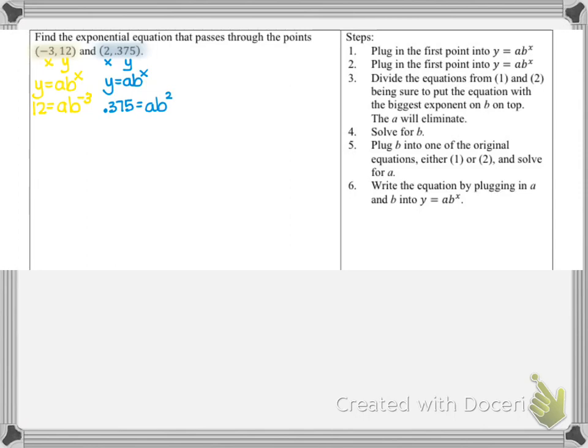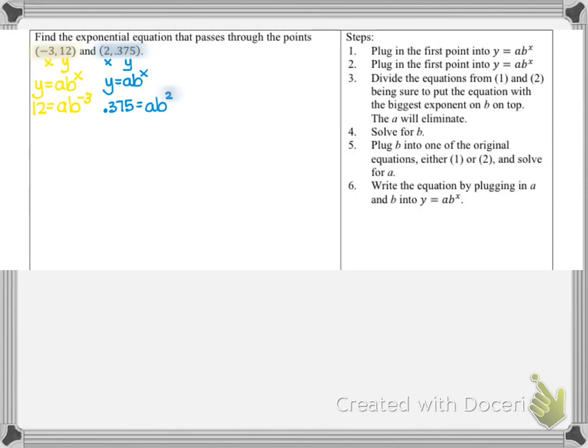Now what I've done is I've created a system of equations. If I notice everything that's happening here is multiplication, I think if I divide, I can get something to cancel, which would really be nice. So I'm going to take a look at the exponents.